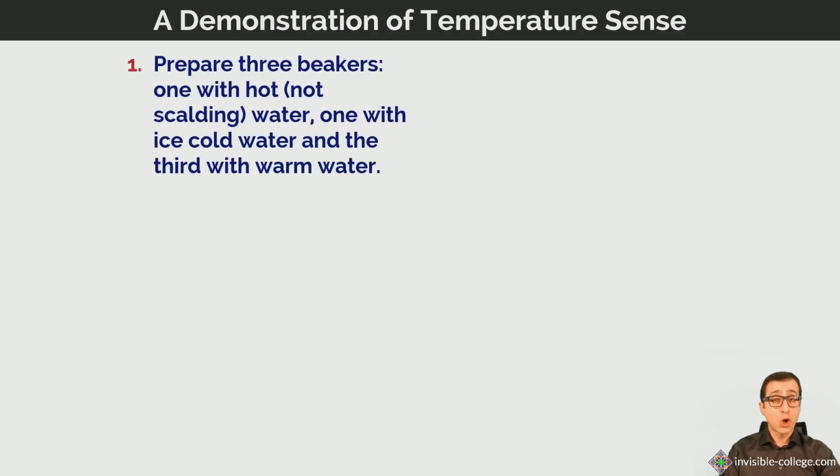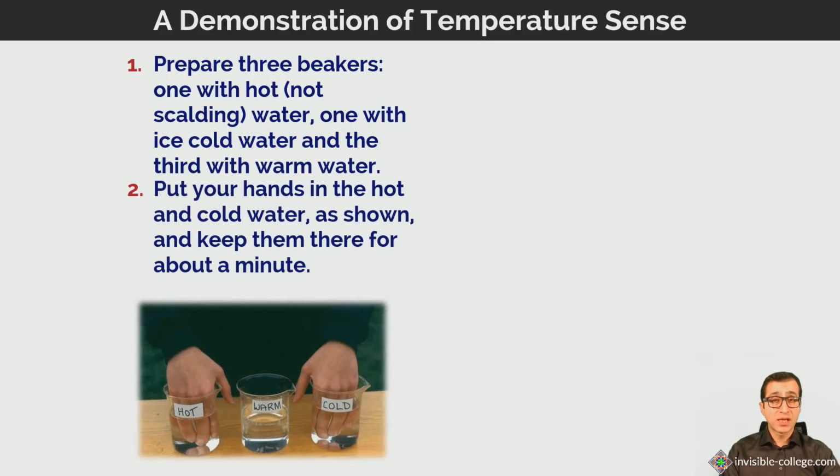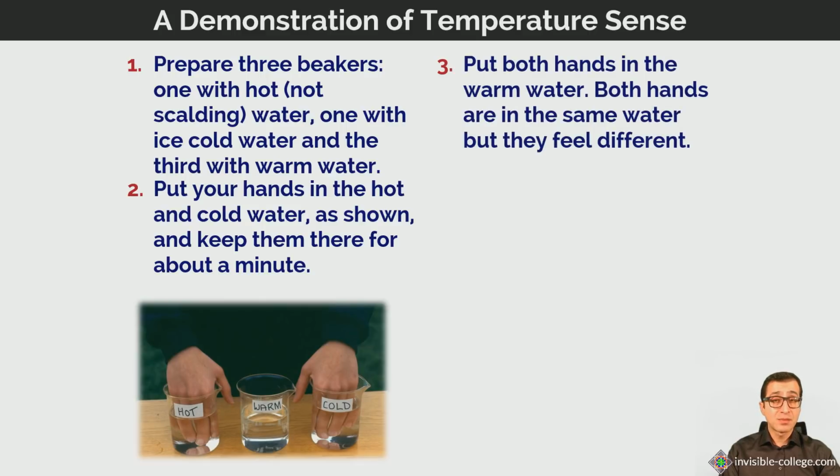We place our hands in the hot and the cold water, as shown here, and then we keep them there for about a minute, and then we take them out of those 2 beakers and we place them into the lukewarm beaker. Now what we'll find is both of our hands now feel different even though they are in a beaker of water at the same temperature. So the question is, why is this, and what does this demonstrate about our temperature sense?